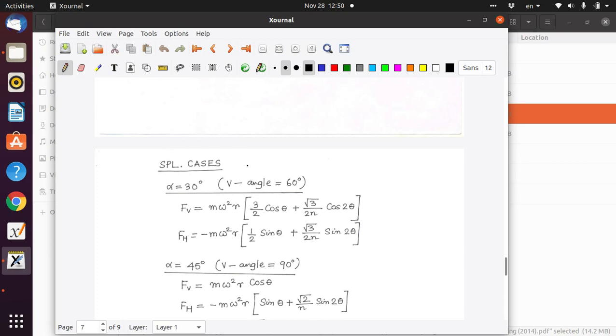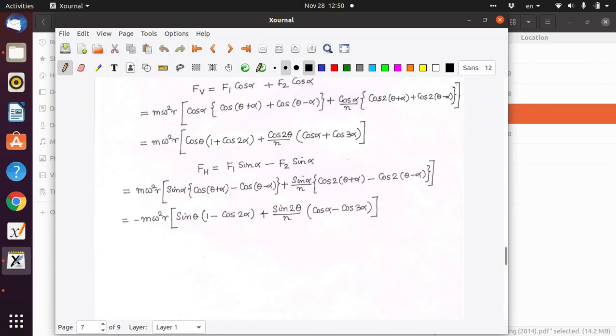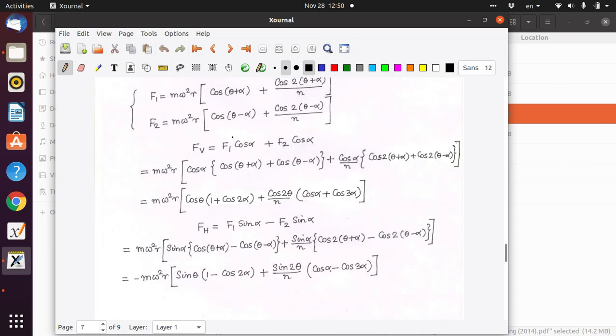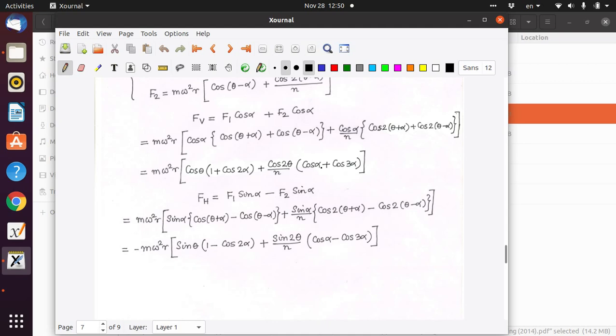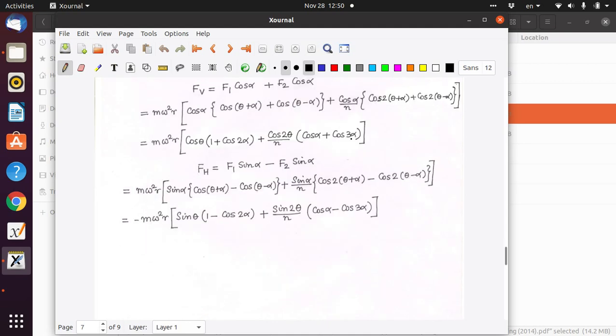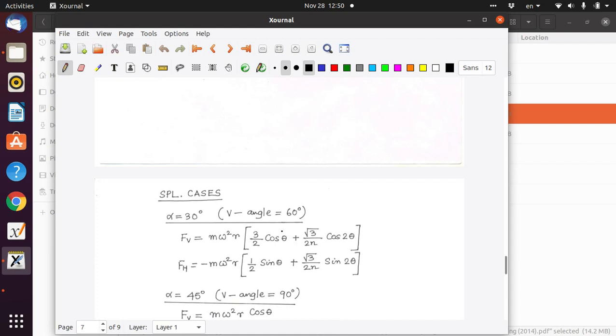For V engines, the popular ones are 60-degree V engines and 90-degree V engines. For 60-degree V engines, alpha equal to 30 degree. If you put the value of alpha here, 1 plus cos 60, plus cos 2 theta by n into cos 30 plus cos 90, then you get this as your Fv and this as your Fh.